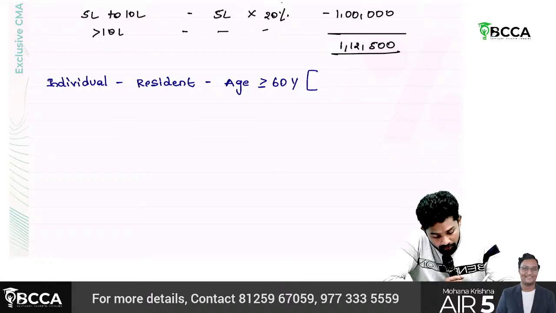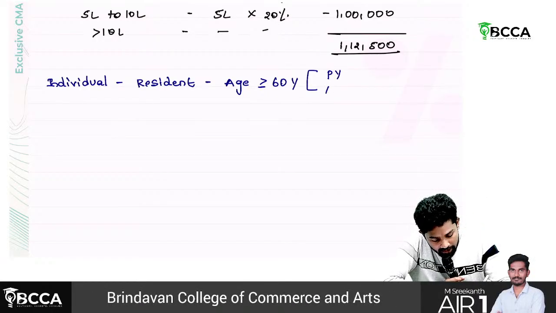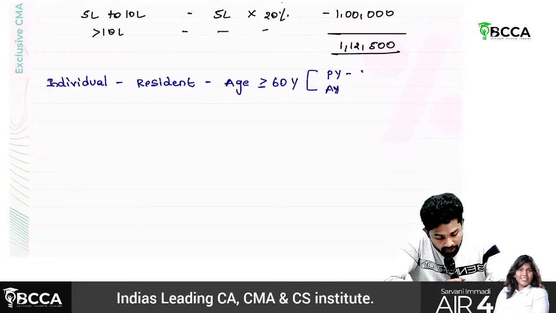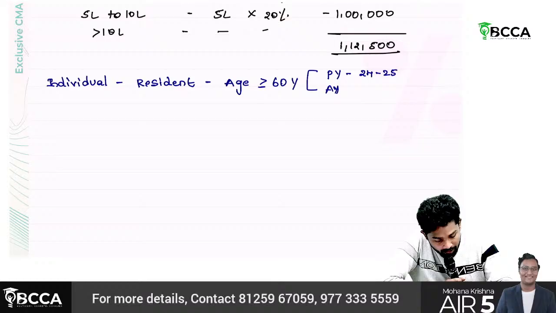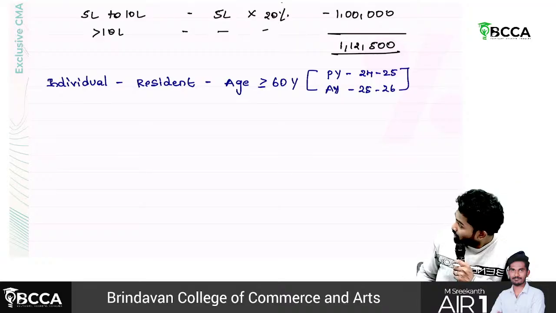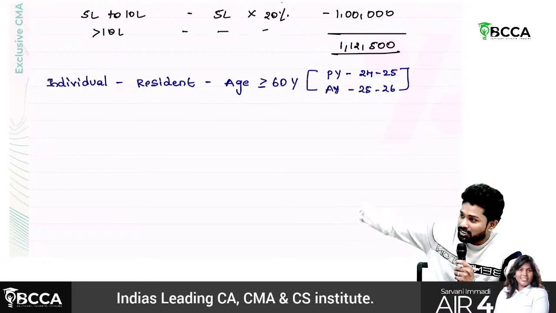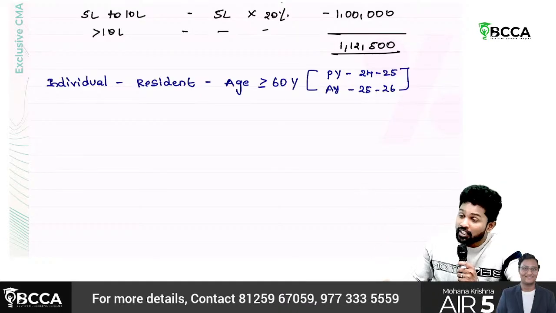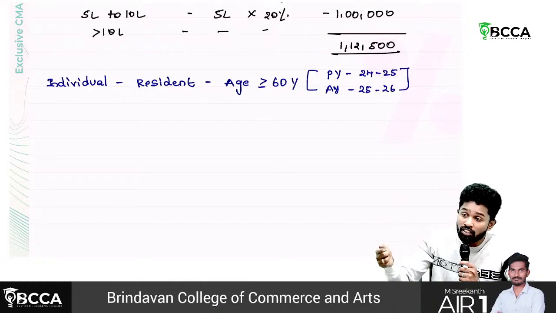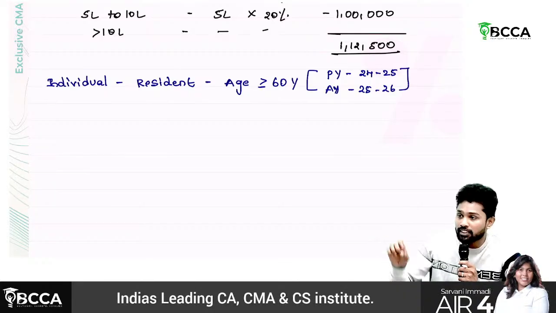Under income tax we have previous year and assessment year. What is the current previous year for us? 24-25. The assessment year applicable is 25-26. Now attaining the age of 60, there is a two-year span here, starting from 1st April 2024 to 31st March 2026. When should he get the age of 60? That's the question. If he is attaining the age on 1st April 2025, then he is a senior citizen only.